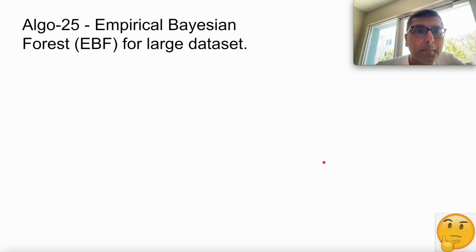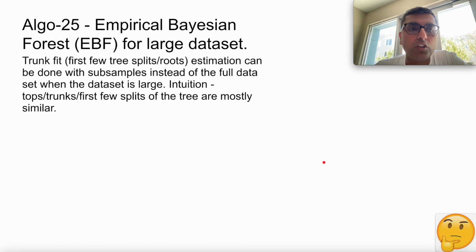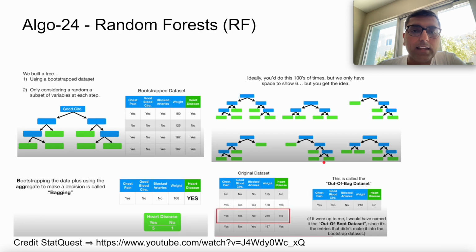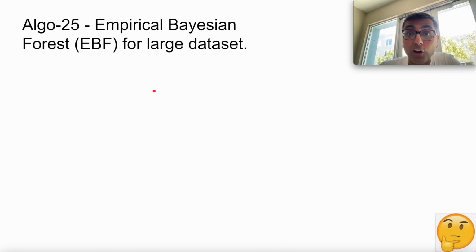Empirical Bayesian forest has one more intuition on top of it. It says basically this root node will not change for as many trees as you build, even if you take a sample from this large data set, because you might have a large data set. That's where empirical Bayesian forest comes in.